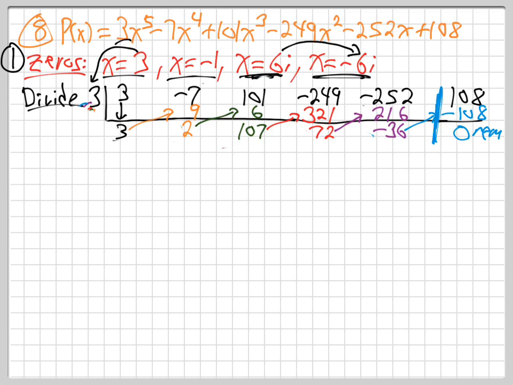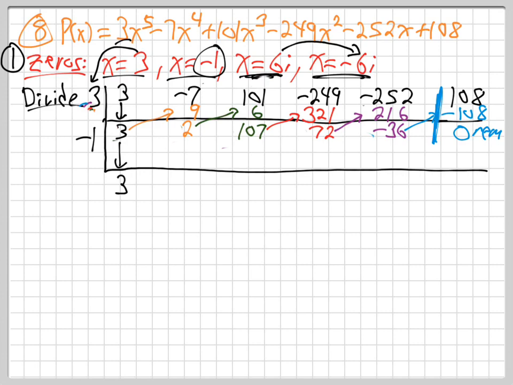We're gonna actually do it again. This is round 2 now, and now we're gonna divide by the next number, which is -1. So now I'll put -1 there and do it again. So we take what's left over and we divide again. We just keep dividing. So bring down the 3, and here we go.